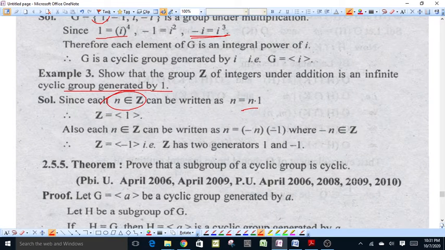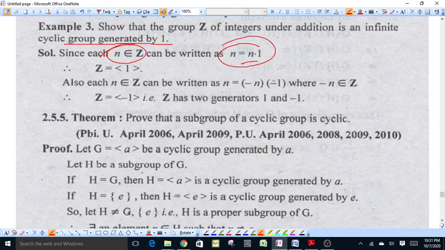Therefore, Z is a group generated by 1, and every integer can be written in the form n is equal to n into 1. Similarly, each element of Z can be written as n is equal to minus n into minus 1. Therefore, each element can also be generated by minus 1. Therefore, group Z has two generators, 1 and minus 1.